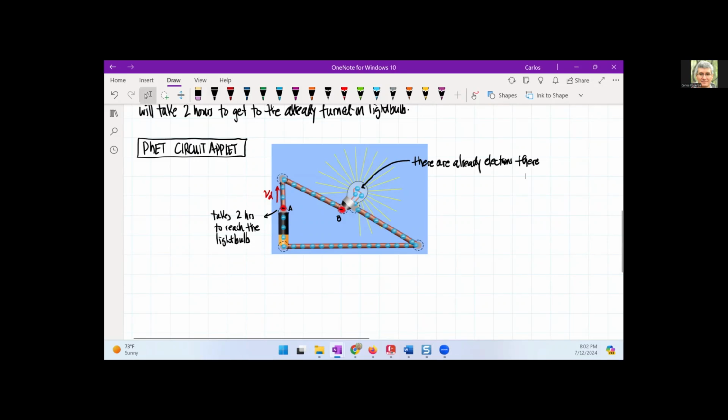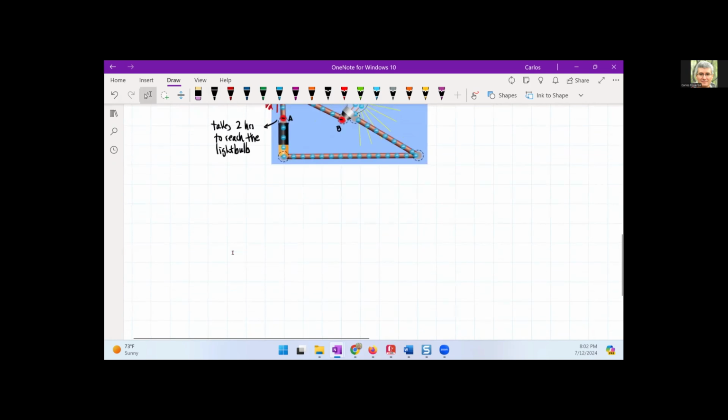Now, I want to go back and I want to look at a more detailed example. And I want to look at the physics of a jump start. Now, I'm going to assume you know what a jump start is a little bit, but not too much.